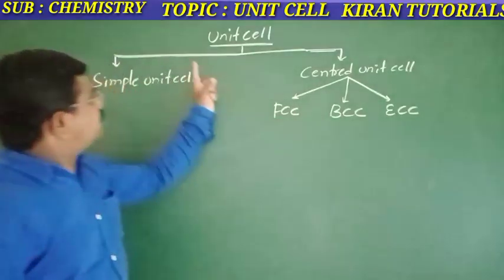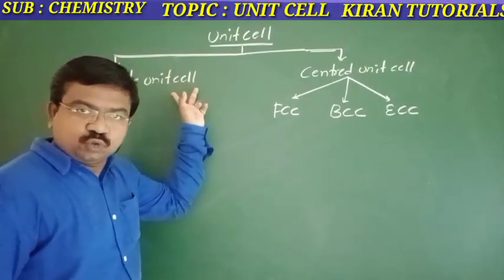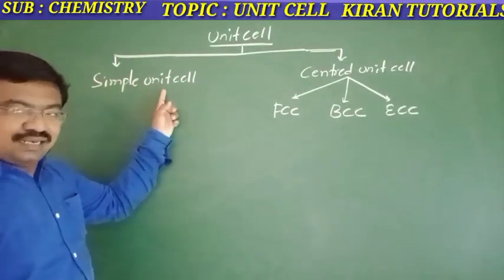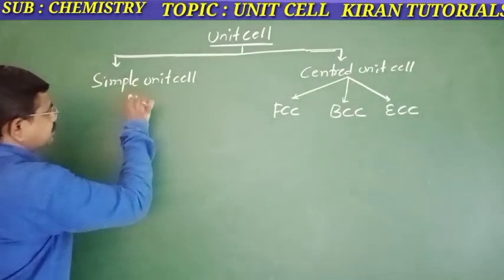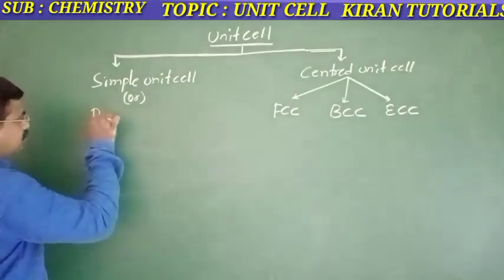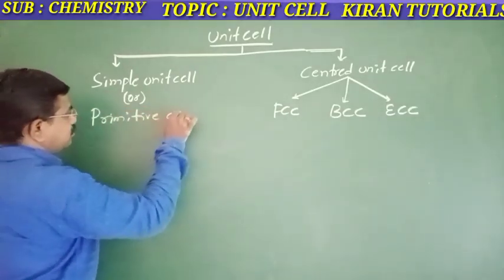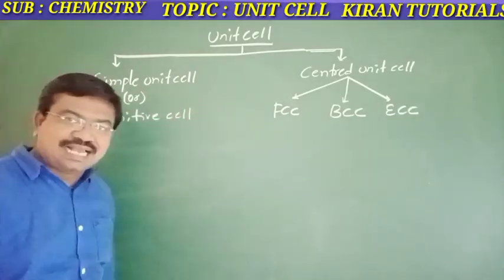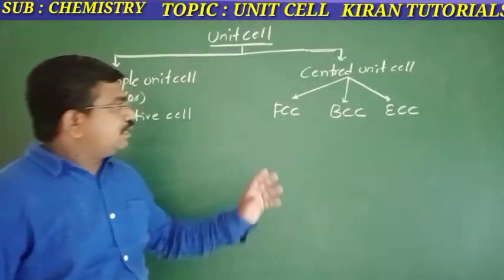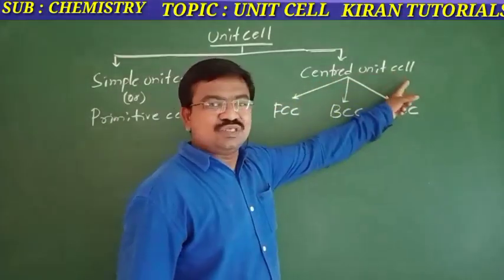Clear? So the unit cell is classified into two types. Simple unit cell, which is also called primitive cell, and the second one, centered unit cell.